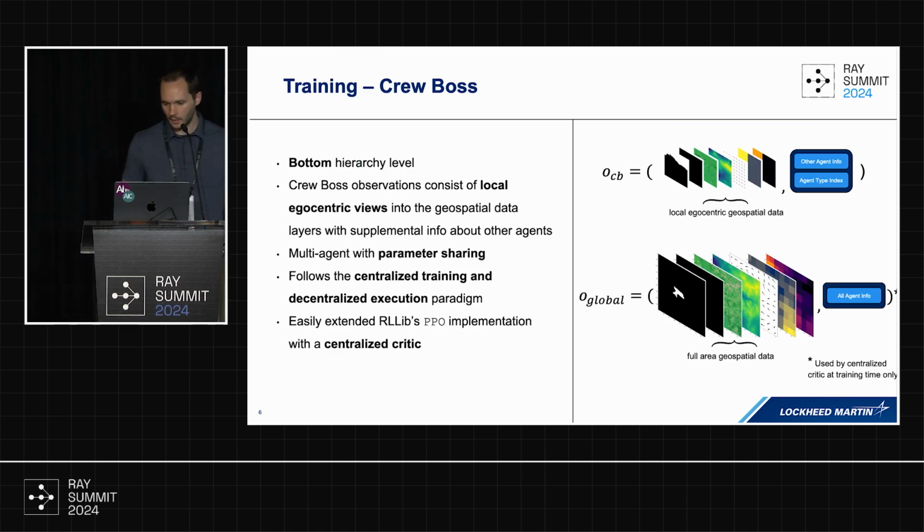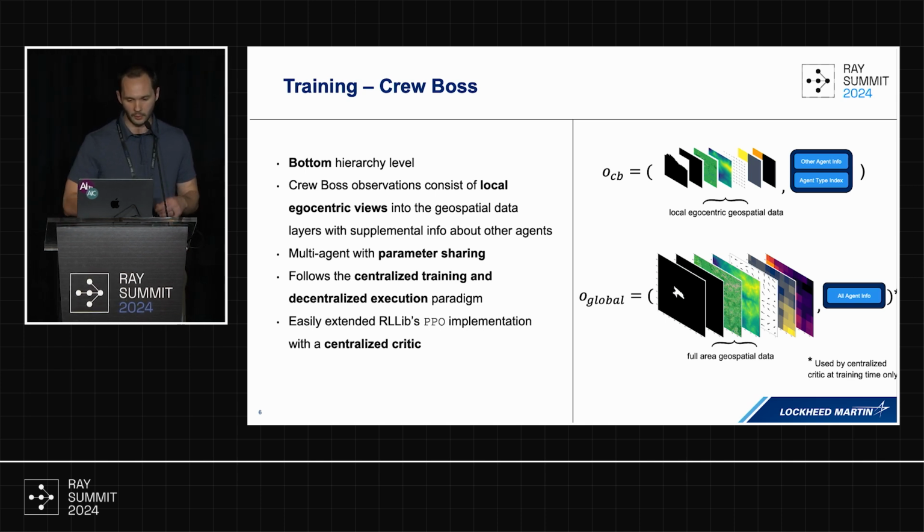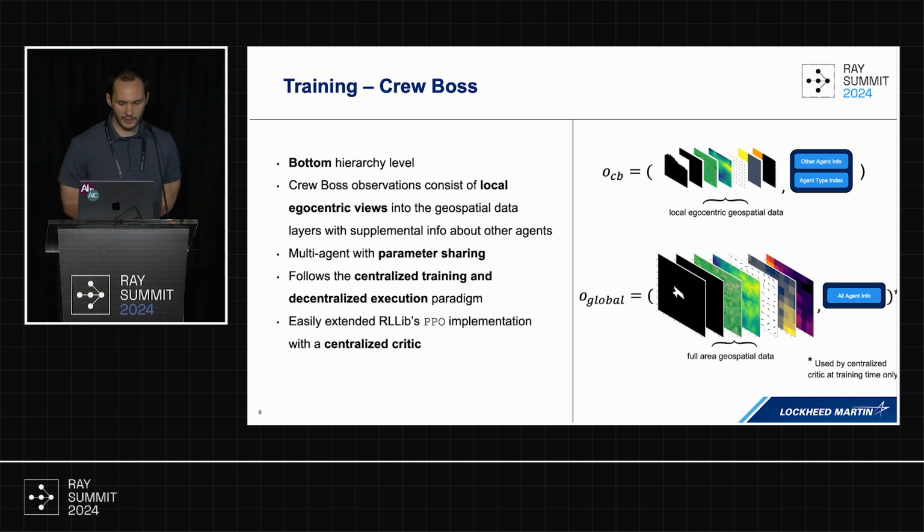Cool. Thank you, Dan. So yeah, I'm going to walk back up the agent hierarchy, starting from the bottom. So the bottom level is the crew boss agents. So again, these are the ones that are responsible for actually performing the fire suppression actions, like building fire lines or dropping water. So for these agents, the observations they receive consist primarily of local egocentric views into that geospatial data.